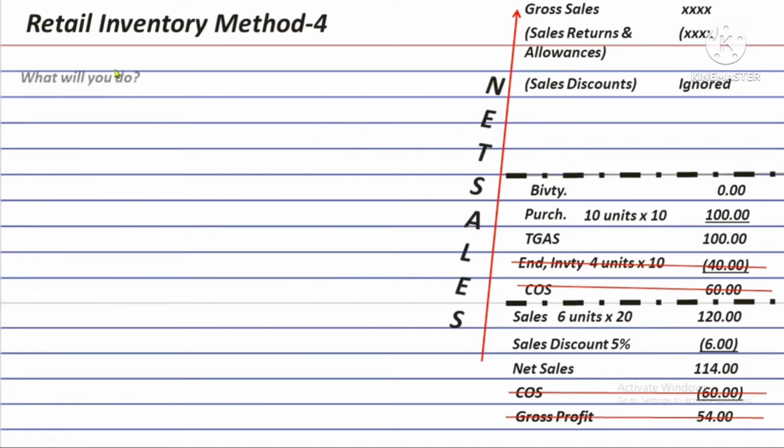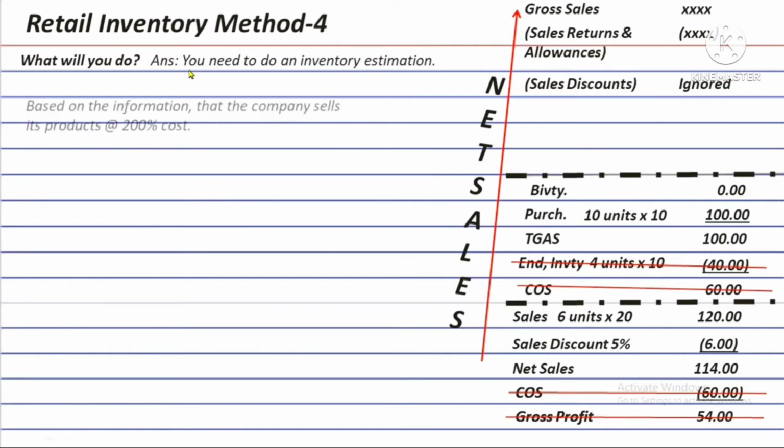Answer: you need to do an inventory estimation based on the information of the gross profit ratio or cost ratio of the company. So, in our illustration, I have told you earlier that the company sells its products at 200% based on cost, or in simple terms, double the cost. That's the sales price. So let's use that information. Let's have scenario number 1.